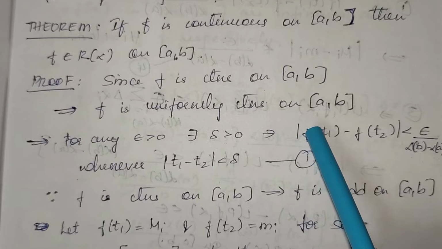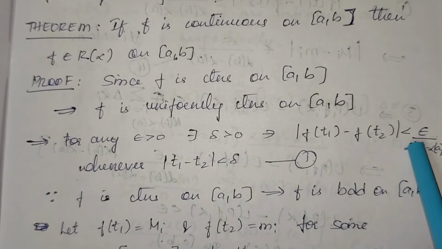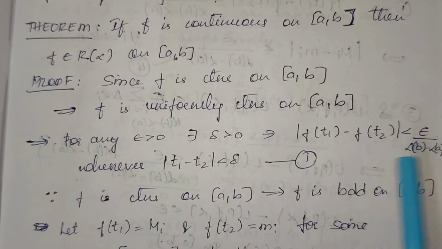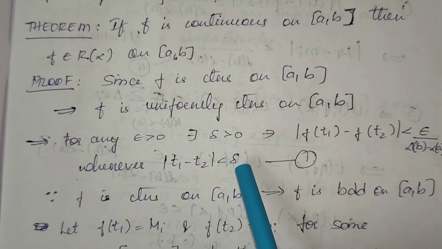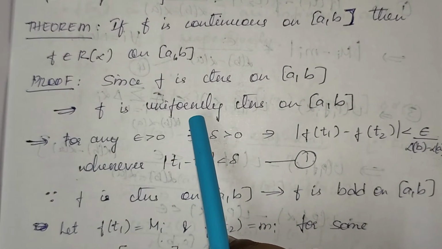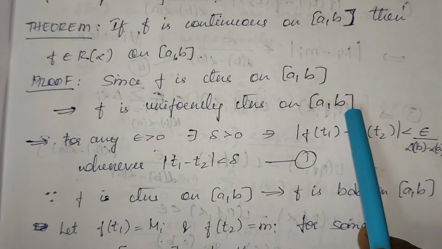that |f(t1) - f(t2)| is less than epsilon / (alpha(b) - alpha(a)) whenever |t1 - t2| is less than delta. So this is nothing but the definition of uniform continuity, and this holds for each and every t1 and t2 belonging to the interval.